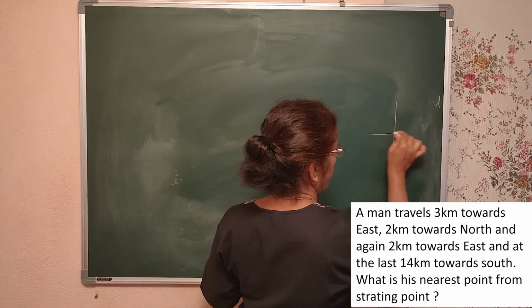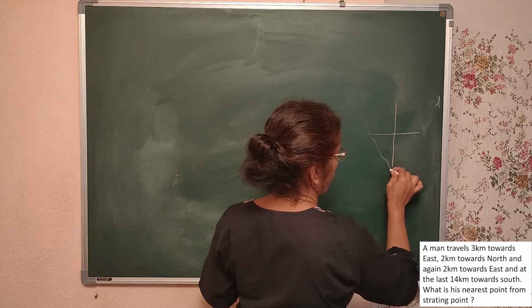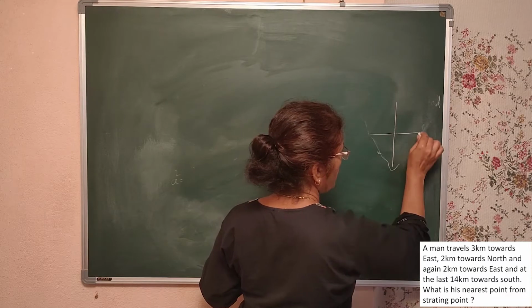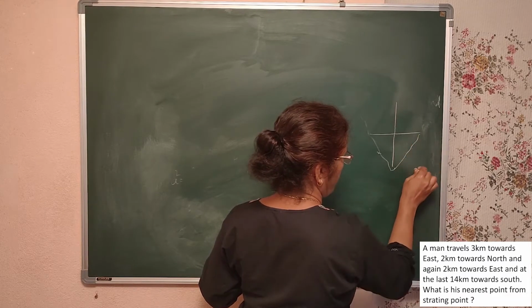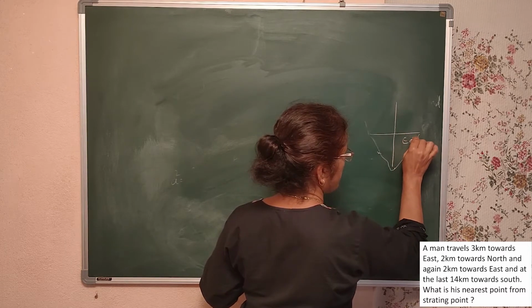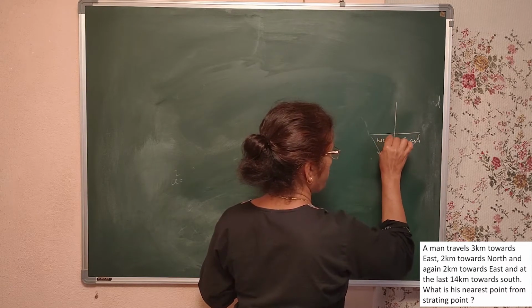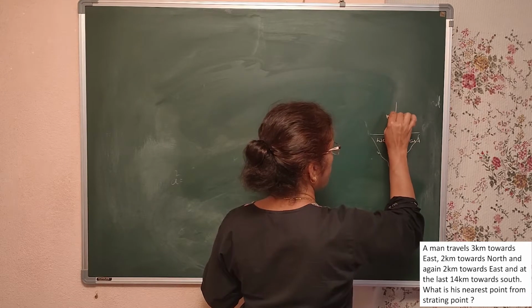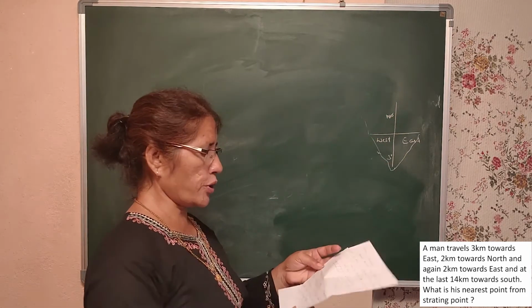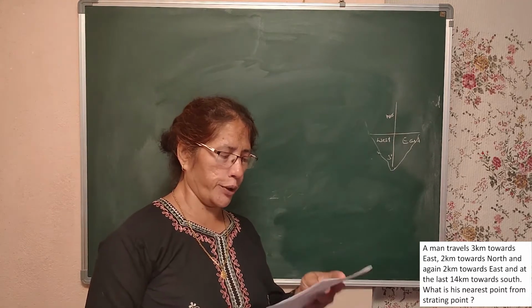See, in our India map, right, we are in this region, right? So, this is Bay of Bengal, this is Arabian Sea. So, this is east, this is west, this is north, and this is south.